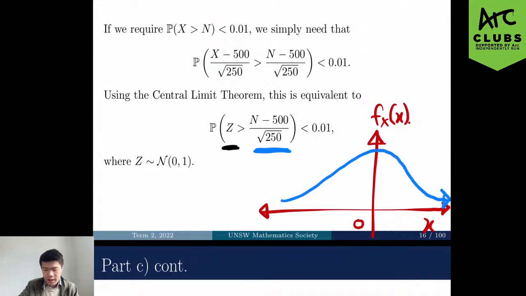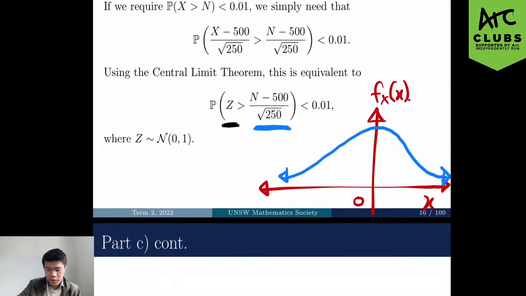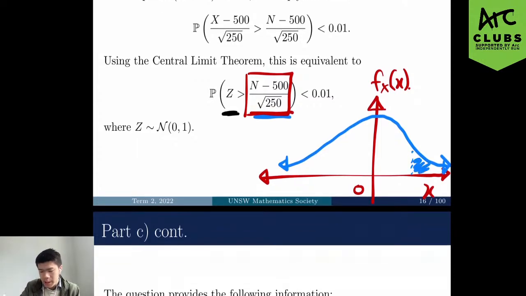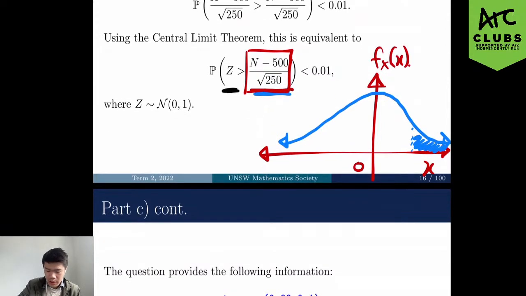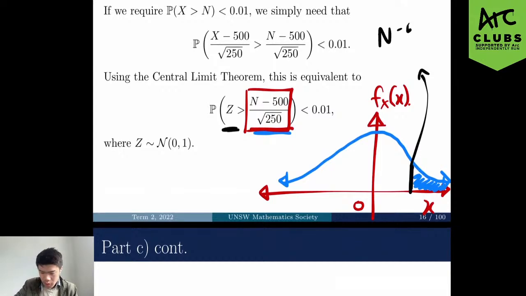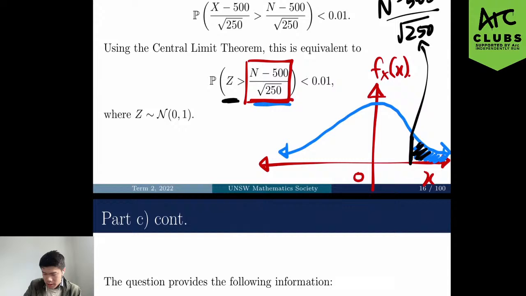But basically what we're saying is that we want to find the number over here, (n minus 500) divided by root 250, needs to be a number such that the probability of everything being greater than it is less than 0.01. In other words, (n minus 500) on root 250 needs to be the number here such that this area is 0.01.